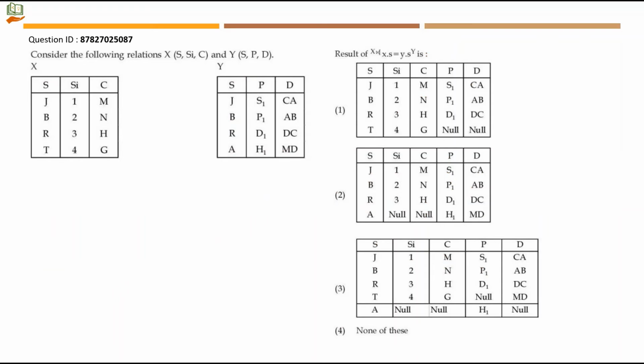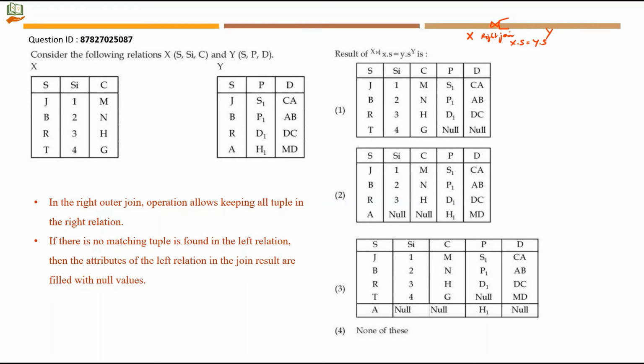Next question. The result of X right join, this is the symbol of right join, on the attribute X dot S is equal to Y dot S condition from the relation Y. So what is right join? The operation allows keeping all the tuples in the right relation. It means J, B, R, A will be present and T should not be present.